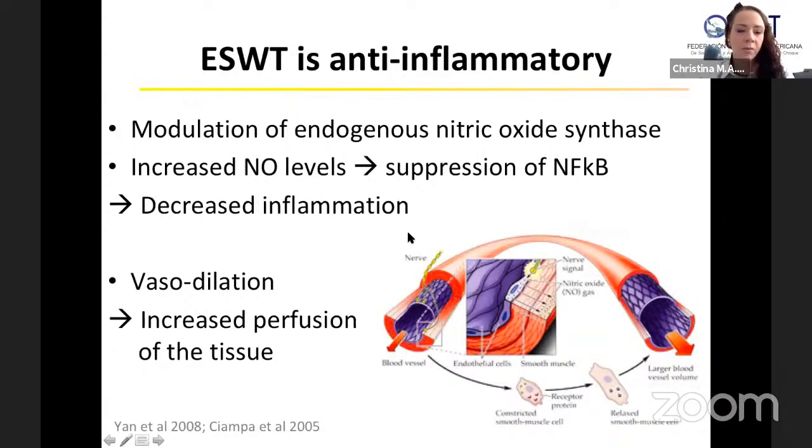Another effect that we can observe here is also a vasodilative effect, which again increases perfusion of the treated tissue. So extracorporeal shockwave treatment increases endogenous nitric oxide synthase, increases nitric oxide levels, and with that suppresses NF-kappa B and decreases inflammation.